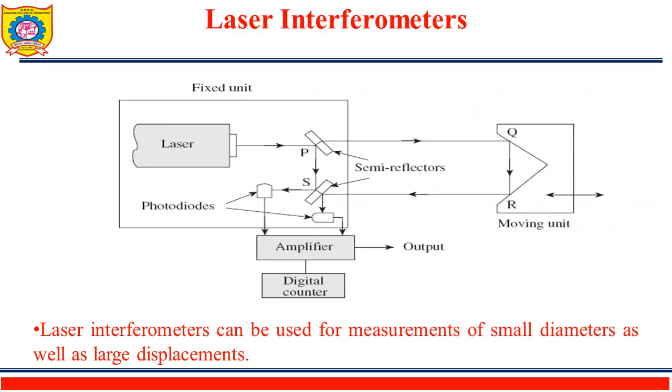Now let us learn the second part, that is laser interferometers. In the figure I have shown a laser interferometer and its arrangement. Laser interferometers can be used for measurement of small diameters as well as large displacements.